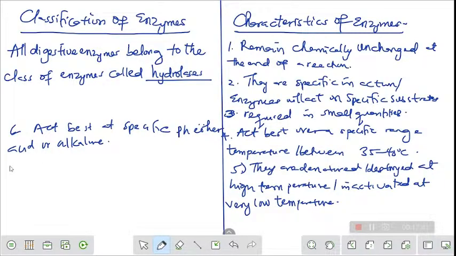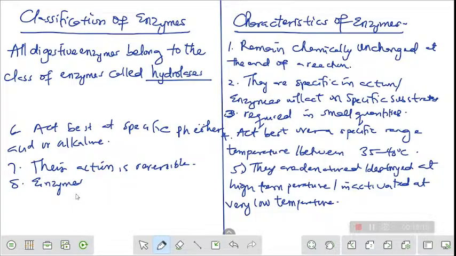Enzyme action is retarded by poisons or inhibitors. So it is the inhibitors that stop the work of enzymes. The enzyme can be promoted, while we have some other things that inhibit, and those are inhibitors. So enzyme action is retarded by promoters and inhibitors.